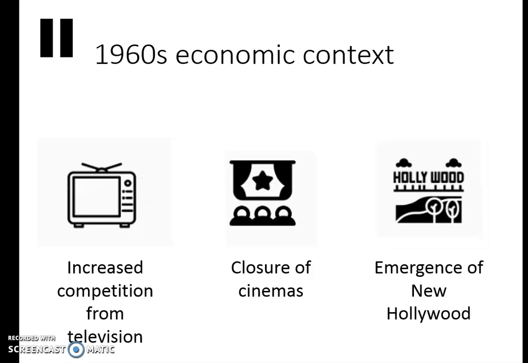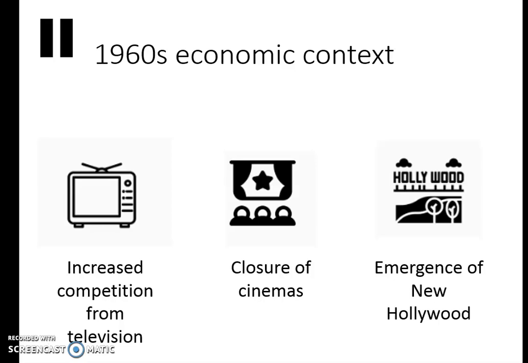And finally we talked about the 60s economic context, looking at how film can be seen as a risky business during this time due to increased competition from new technology that can now become available in the home.